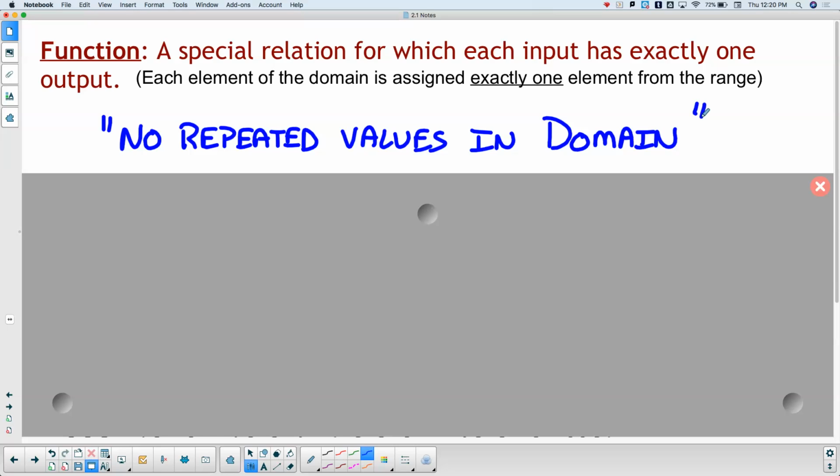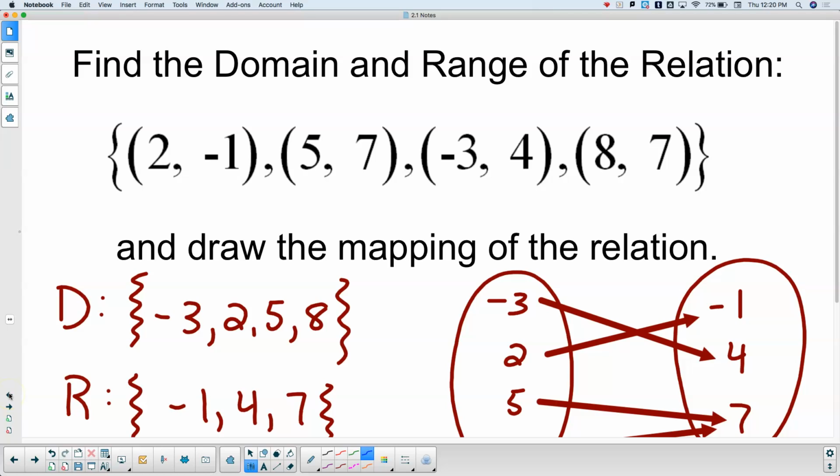Okay? So if I go back, is this relation a function? Yeah, it is. There's no repeats in the domain. There's a repeat, yes, in the range, but I'm okay with that.